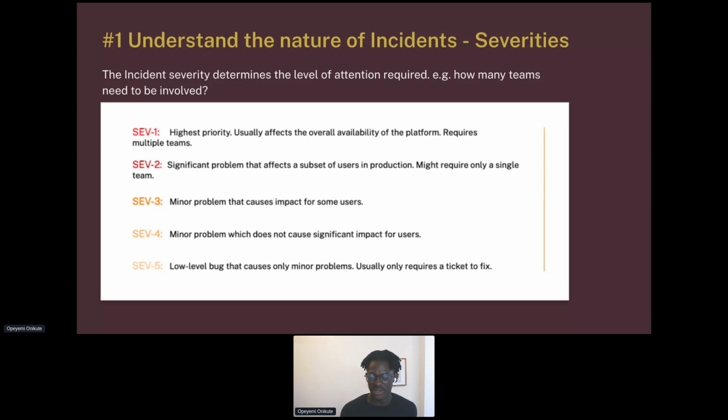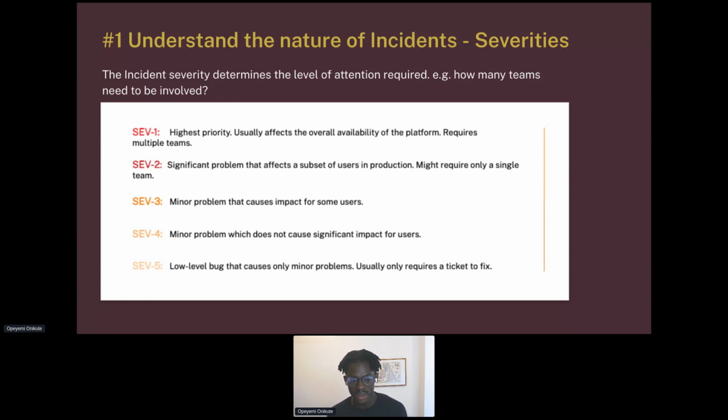Level 1 is obviously the highest priority. It's usually stuff that affects the entire platform. You typically require multiple teams to resolve this because it's an all hands on deck situation. An example of this is the database going down, and the entire platform cannot be used.